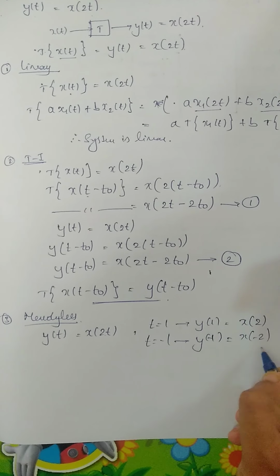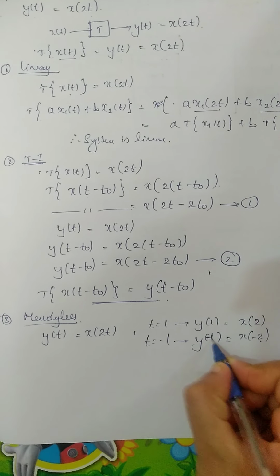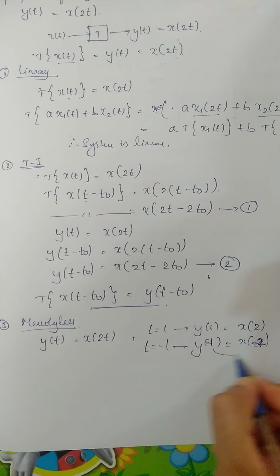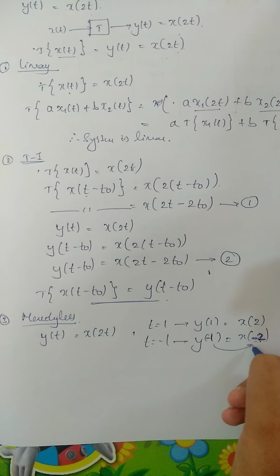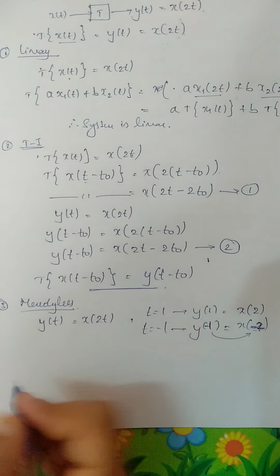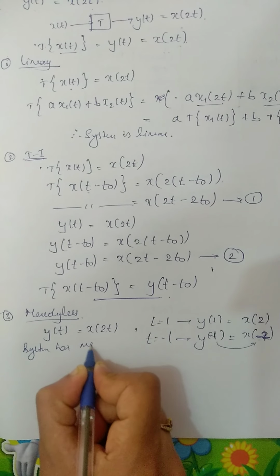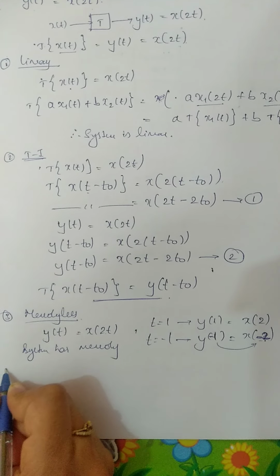So here we are saving the previous value. We are checking for minus 1 and we are seeing for minus 2. So we need to save the previous value, so we need a memory. Here the system has memory. It is not memoryless.